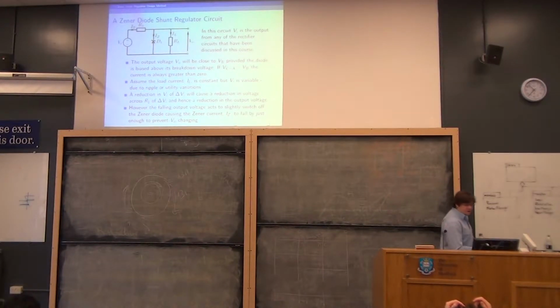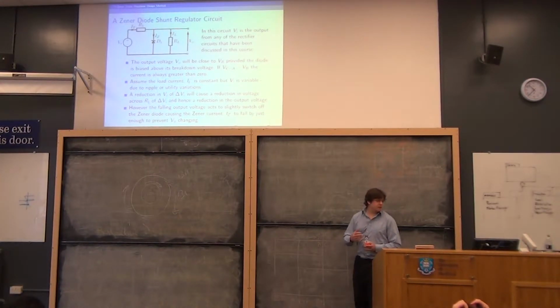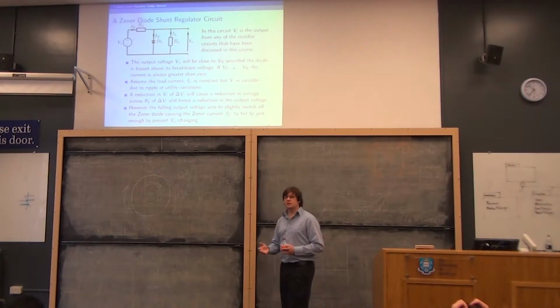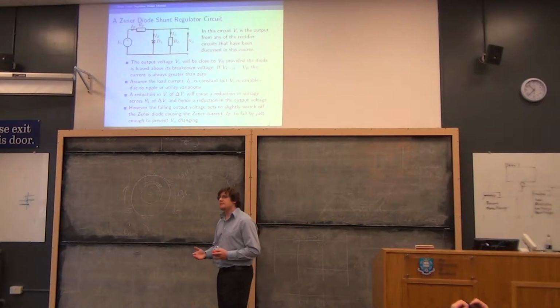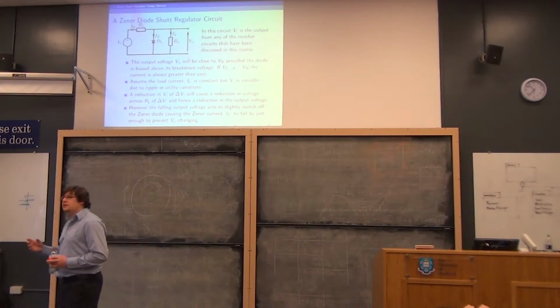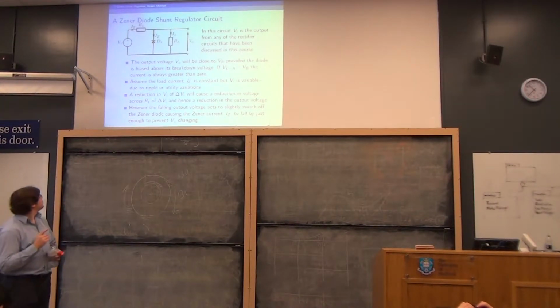So let's assume that VI is bigger than the Zener diode breakdown voltage. If you do that, then in the beginning, the only current that will flow is the current through R1, which also flows through RL. Now I'm going to say that R1 is much, much smaller than RL. So the voltage that's on the output nodes ought to be basically equal to VI.